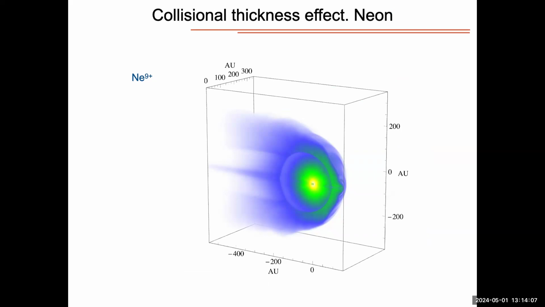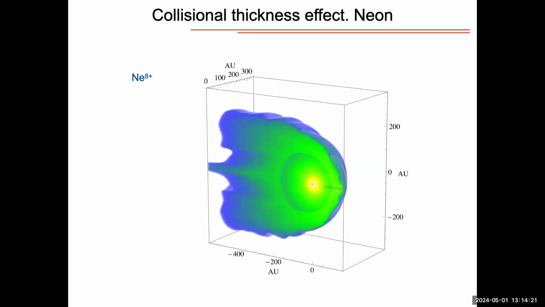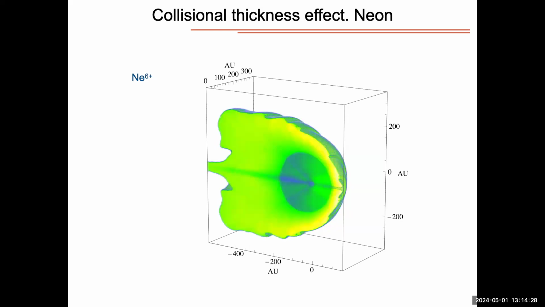So neon 9 plus is like that. Most of it is near the sun, and a little bit goes into the tail. Then 8 plus is already bigger in the tail. Then 7 plus, then 6 plus, and 6 plus is already depleted near the sun.